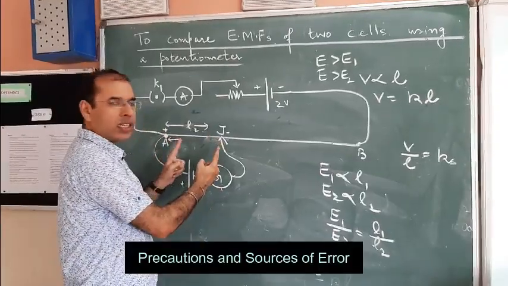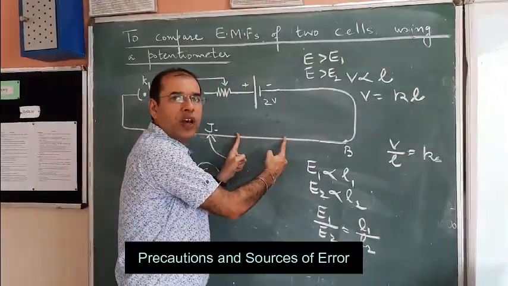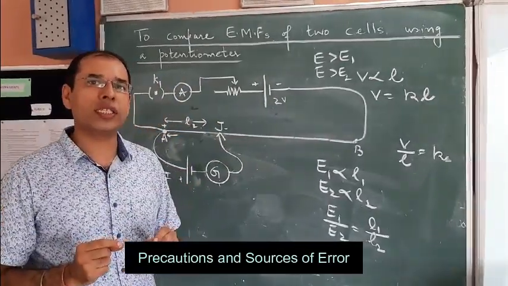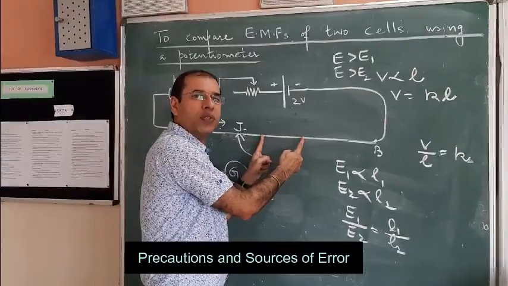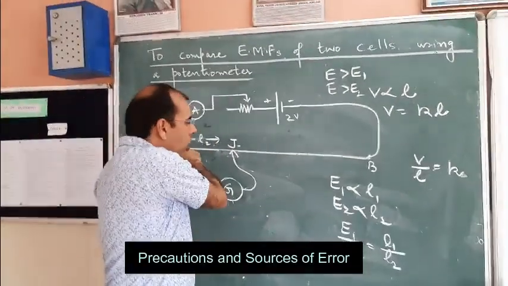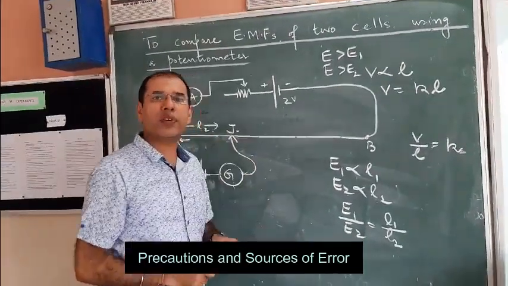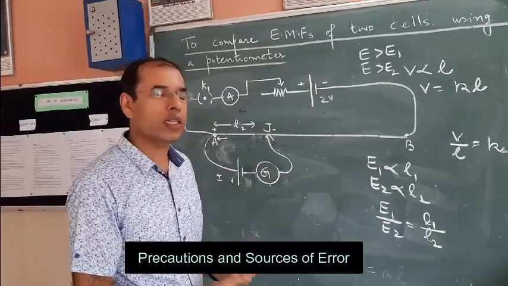Now, if the cross-sectional area of this piece of wire is different from this piece of wire, it means due to the change in area, the resistance of this piece is different from the resistance of that piece. All the pieces of this potentiometer wire are in series, all receiving the same amount of current.